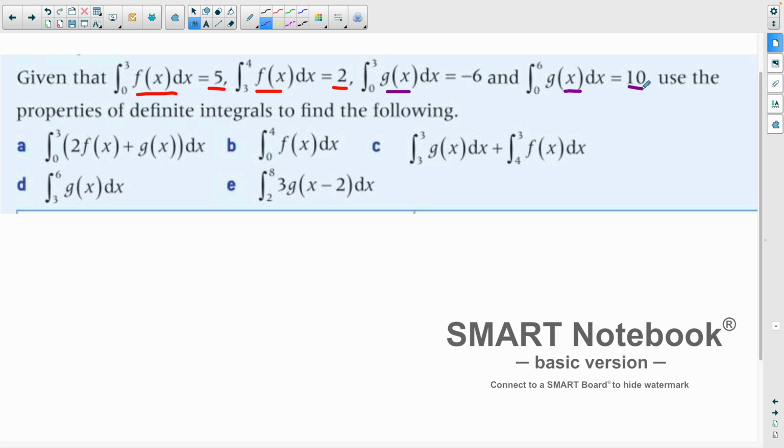On question A, I'm going from 0 to 3, I'm doing f of x and g of x, but I do have a 2 in front of the f of x. With this 2 in front of the f of x, that was the first property that we had a while ago. We could put the 2 out front, and do 2 times the integral from 0 to 3 of f of x.